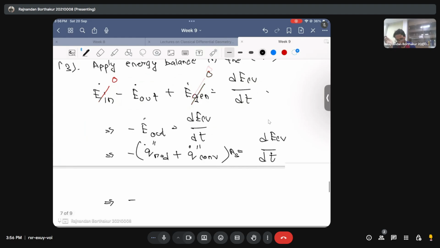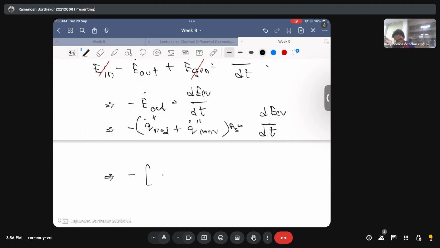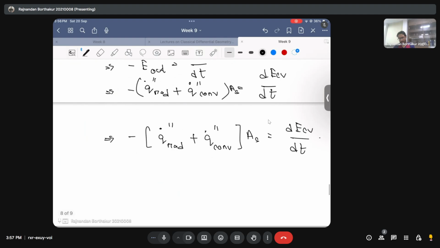So if I write this a little more nicely, it becomes Q rad plus Q conv times AS, and this is equal to dE CV by dt. Now this dE CV by dt is nothing but the rate of change of energy content inside the control volume, and multiple times we have witnessed the expression of this.